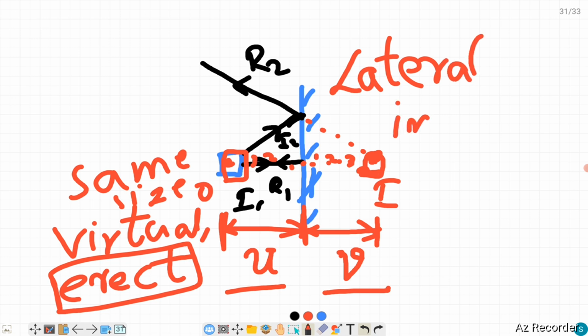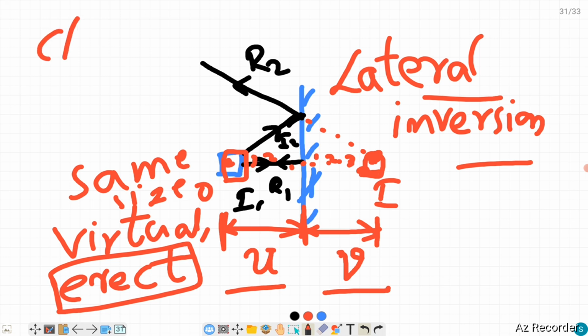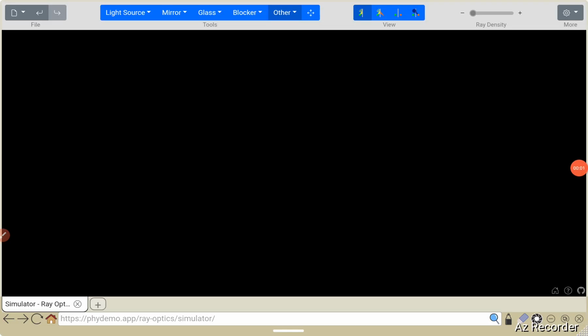What is this called? Lateral inversion. That means sides will have a difference. They will be inverted. Left appears as right and right appears as left. That is the phenomenon of lateral inversion. Understood? These are the characteristics of image.